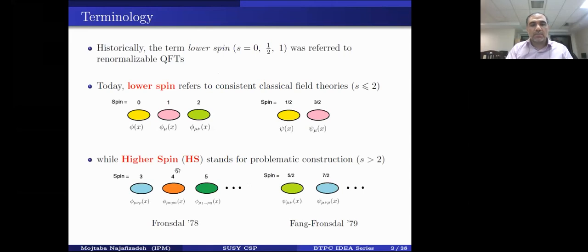However, higher spin stands for problematic constructions for spins greater than 2, which for bosons are known by the Fronsdal action in 1978, and for fermions the Fang-Fronsdal action in 1979. When you are studying a particle of spin 4, you are dealing with higher spin theory.